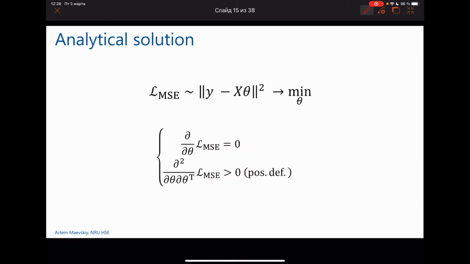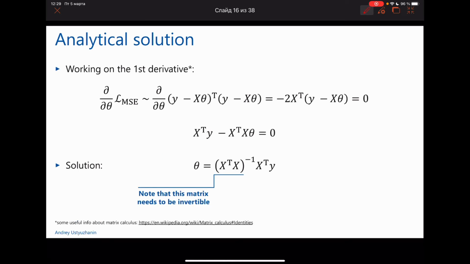And analytically, we can solve this by requiring this loss to be at a minimum, and it means that the derivative or gradient of this loss equals 0. And also we want the second derivative to be larger than 0. And so working on the first derivative, we can find the solution, which is depicted here.